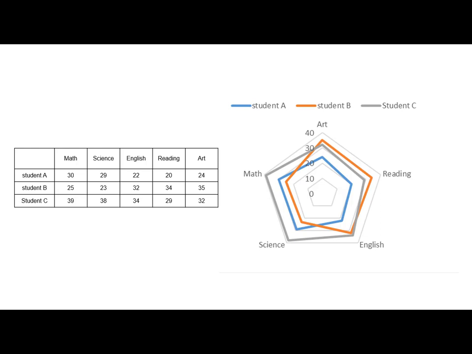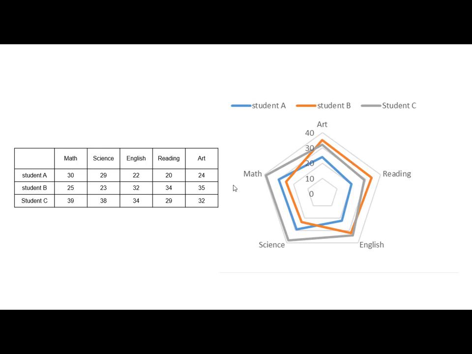Here you can see that the student in orange is inclined towards art and reading. We can take him to the Faculty of Arts, or the Faculty of Fine Arts, or the Faculty of Alsun, or the Faculty of Languages.